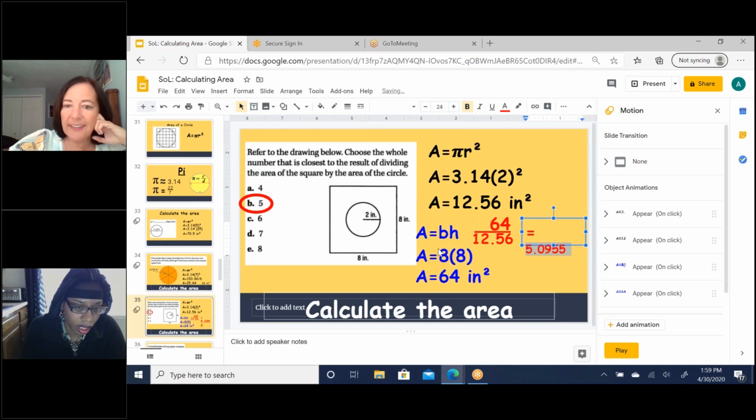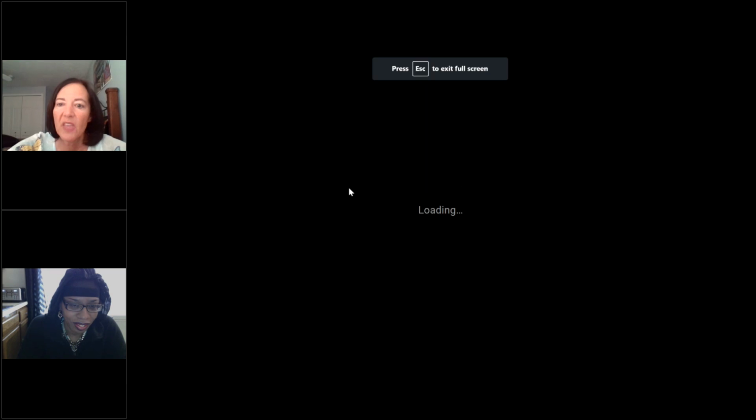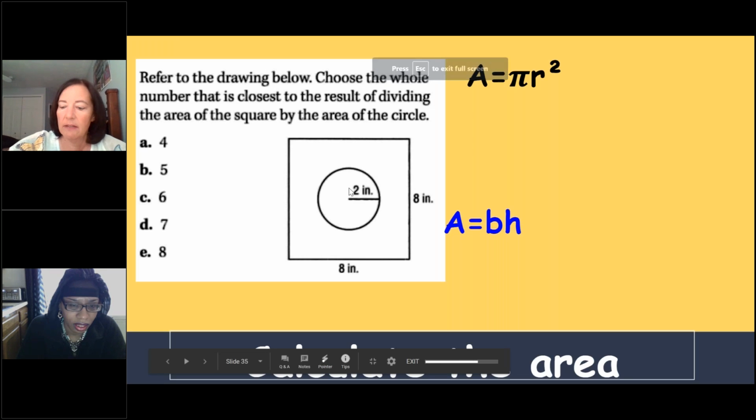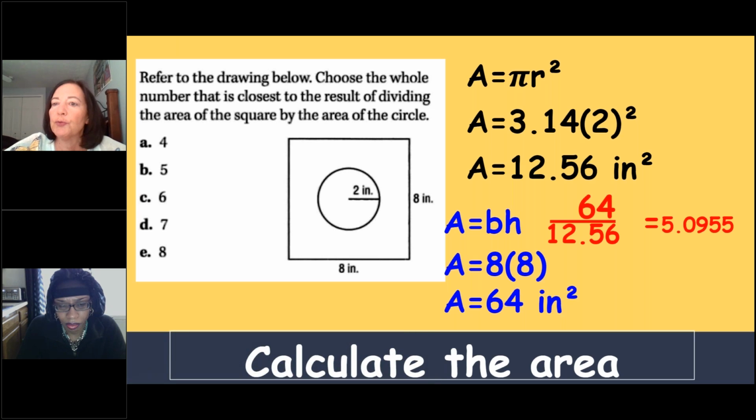I just didn't get how you came up with the 12.56. Okay, so now you have to take, let's get caught up again, the 64 divided by 12.56.